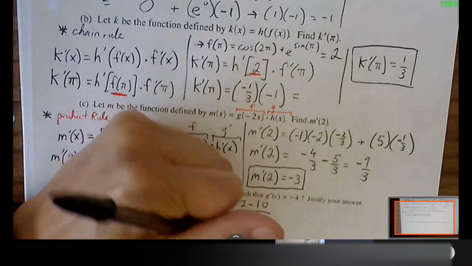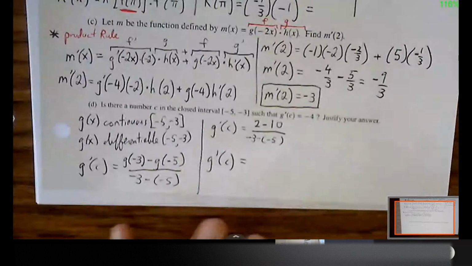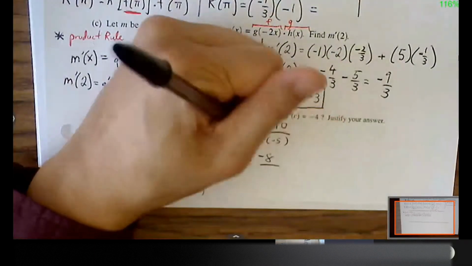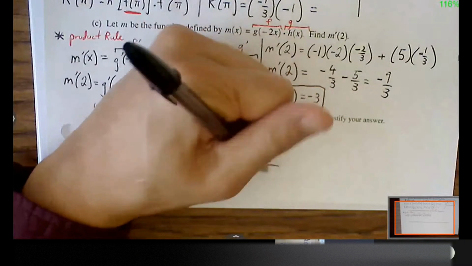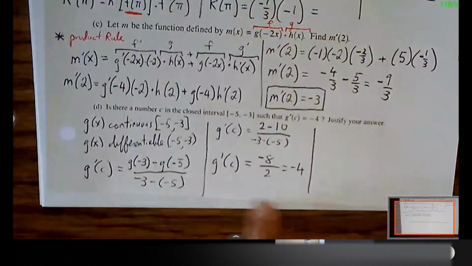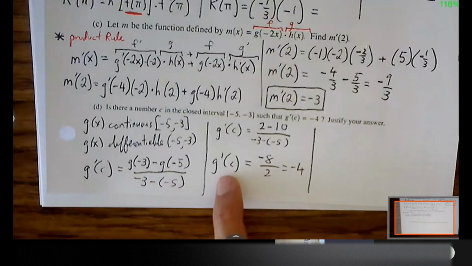And is this going to come out nice here? So 2 minus 10 is -8. -3 plus 5 is 2. So yes, the slope between the endpoints is -4, so there must be an exact slope of -4 somewhere along the graph as well.